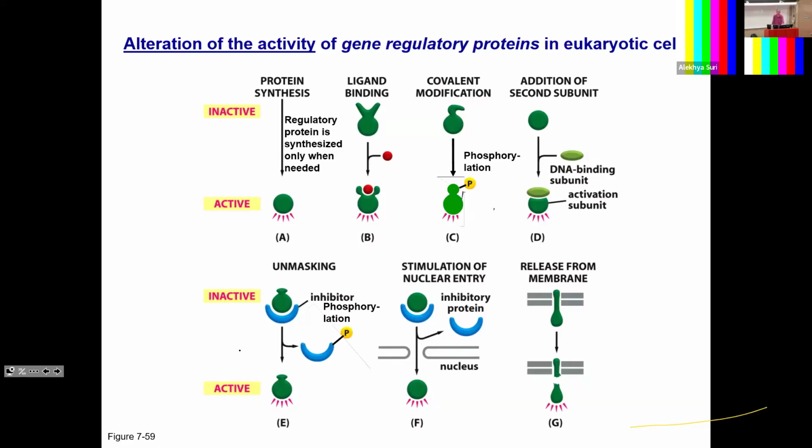Other things are DNA binding, subunits, masking and unmasking. Different locations could play a role, for example cytosol, nucleus, or it could be bound to the membrane and released. So there are different ways to think about activating or inactivating a protein or transcription factors.